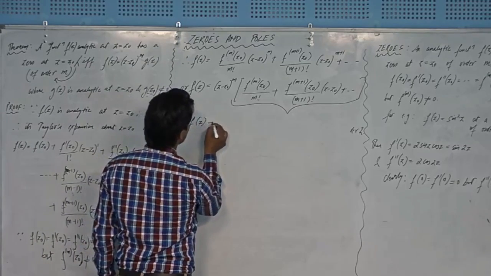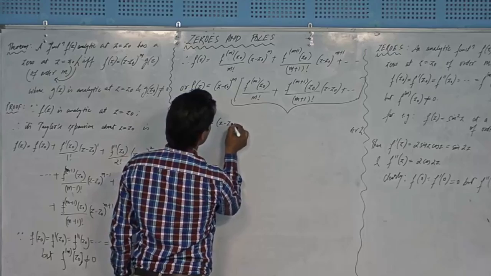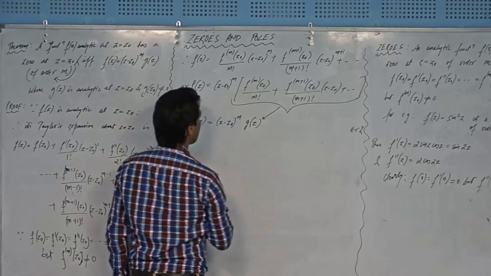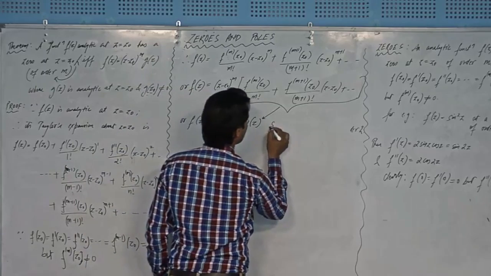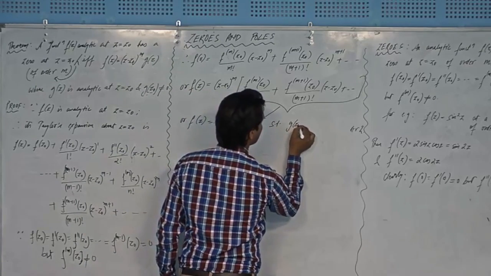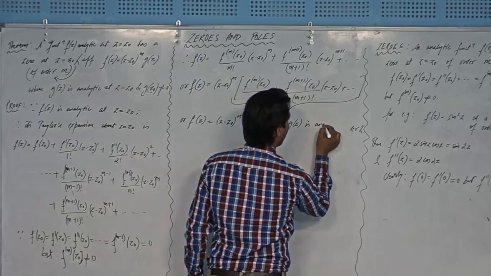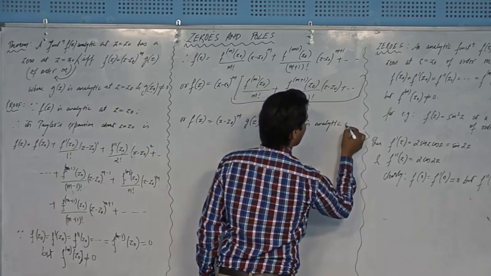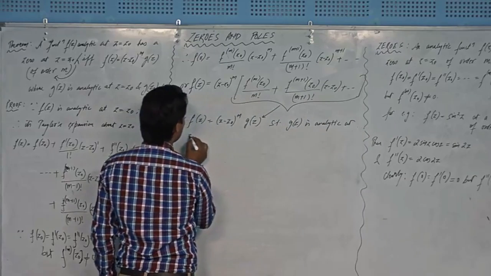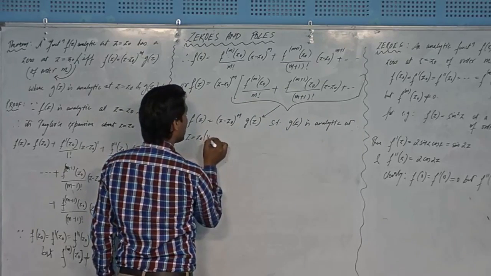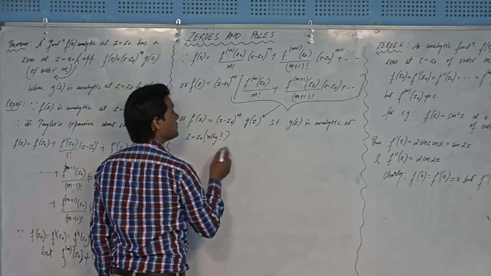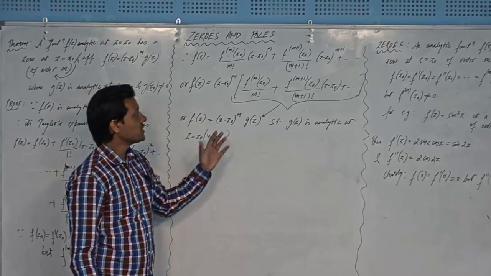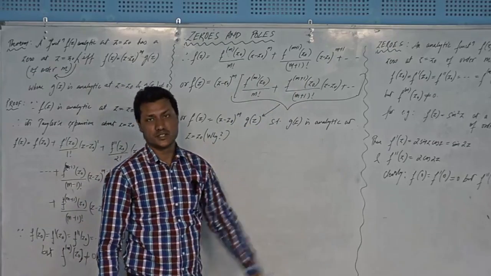Or f(z) equals z minus z naught to the power m, and I am writing this whole series as g(z), such that you can see that g(z) is analytic at z equal to z naught. You should know the reason why I am writing this: g(z) is analytic at z equal to z naught because it contains non-negative powers of z minus z naught, that's why.